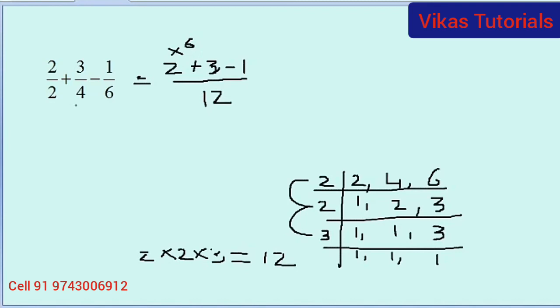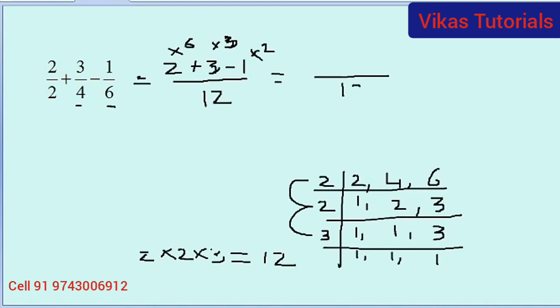Second denominator is 4. Divide 12 by this 4. When 12 is divided by 4, we get the answer as 3. So this is 3 into 3. Now third denominator is 6. 12 divided by 6 is how much? 2. So this will be 1 into 2.